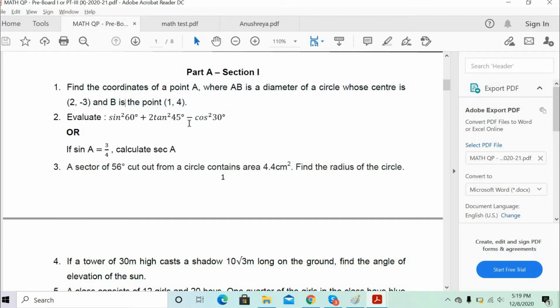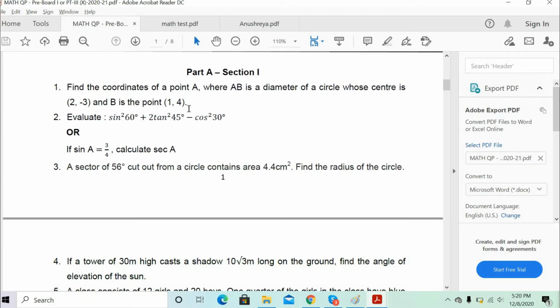What mistakes can happen if you don't read the question properly? We have to mark the data properly. The data they have given is the center is 2 comma minus 3 and the endpoint B on the segment is 1 comma 4.